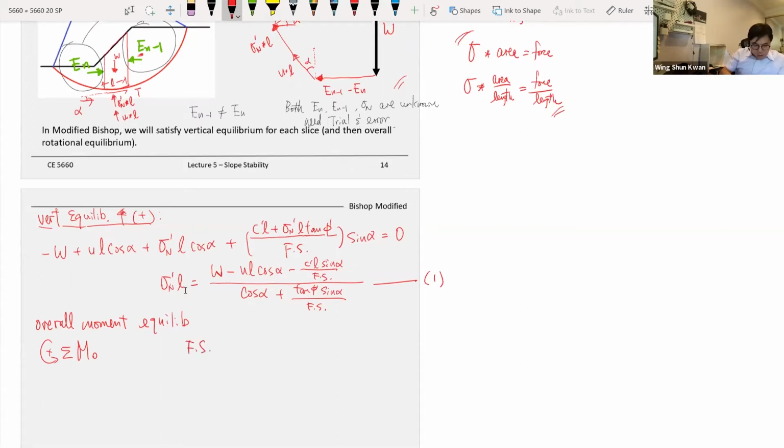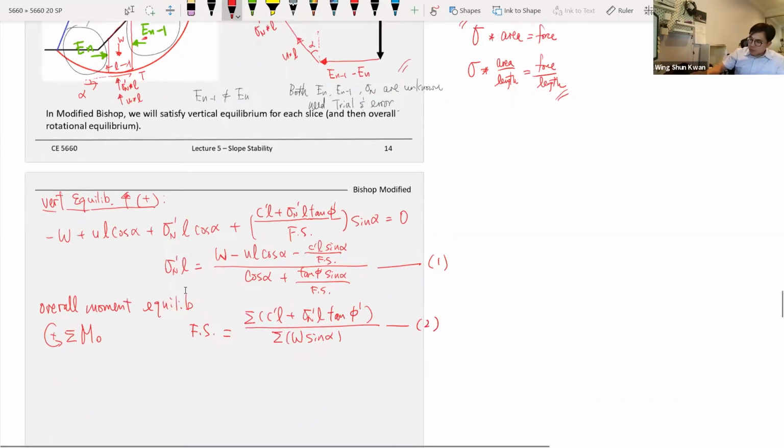The factor of safety equals to these equations too. So we are considering two equilibria here: the vertical direction and also the moment at the center. So we have two equations.